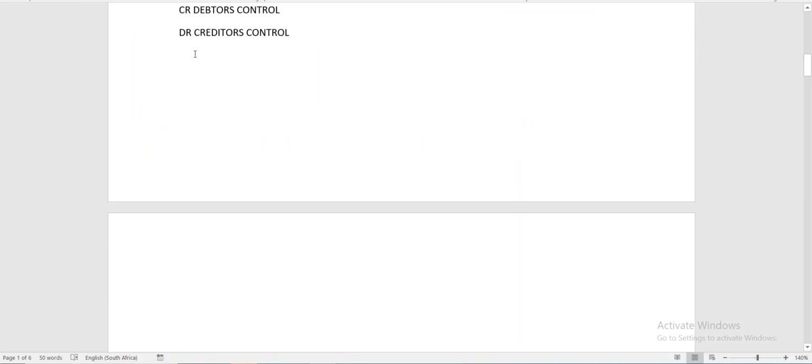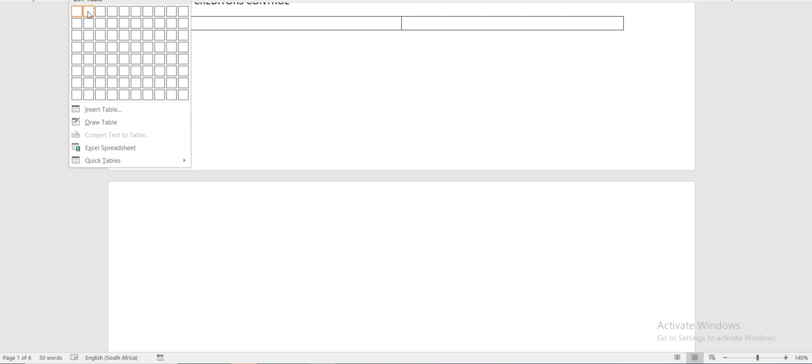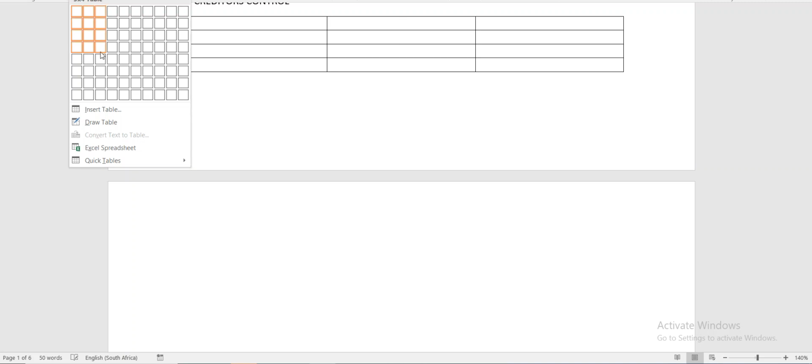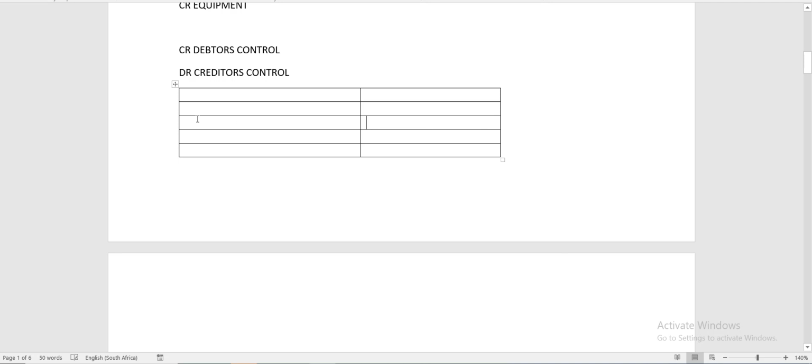I will insert a table so that we don't get lost. The things that are on the debit side, I'm going to put them one side. The things that are supposed to be on the credit side, I'm going to put them one side.